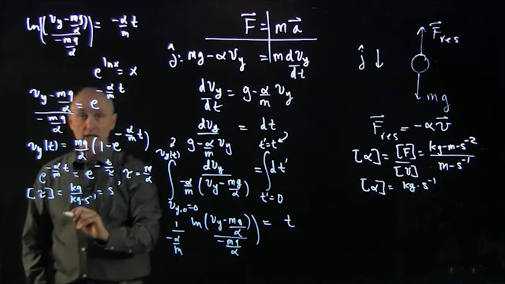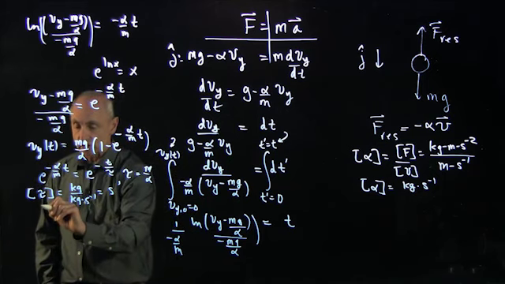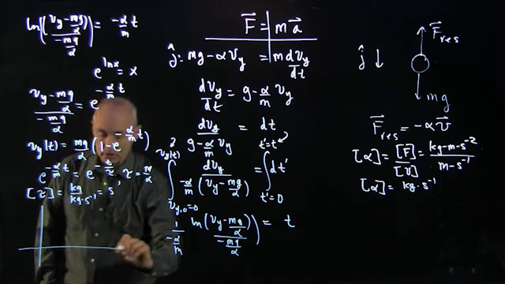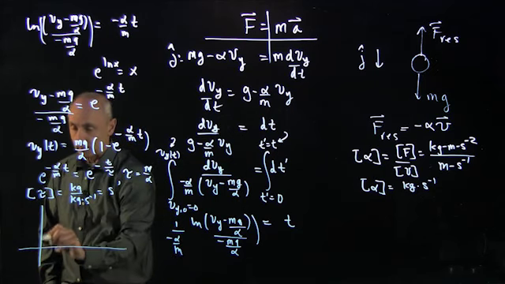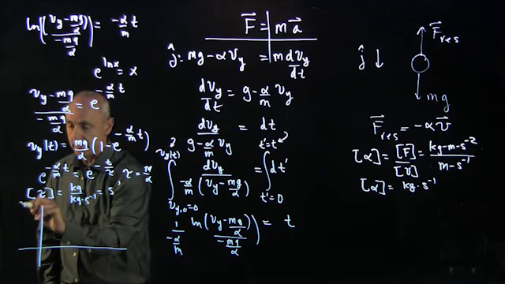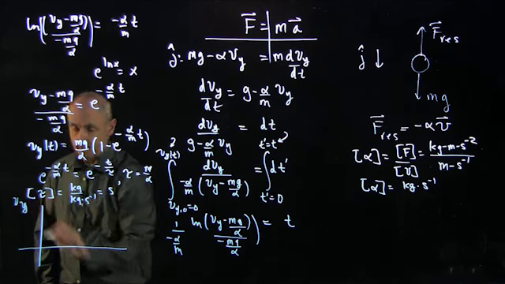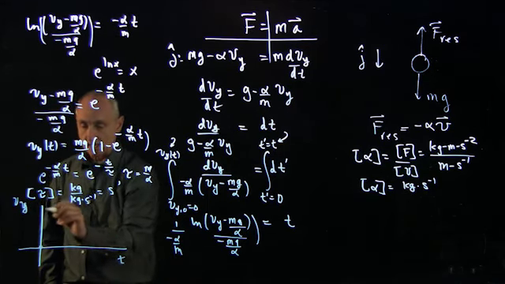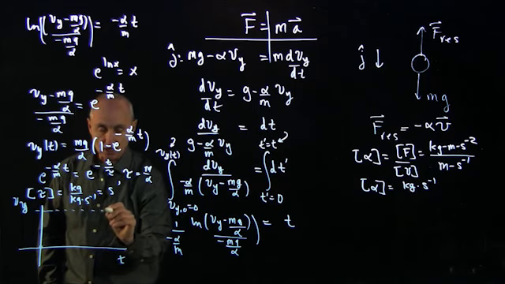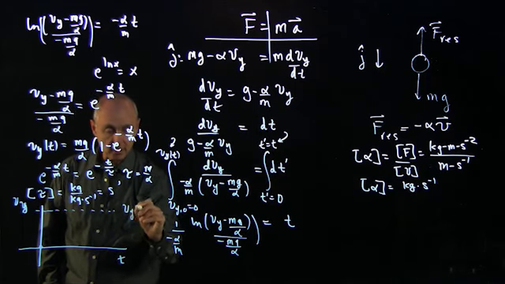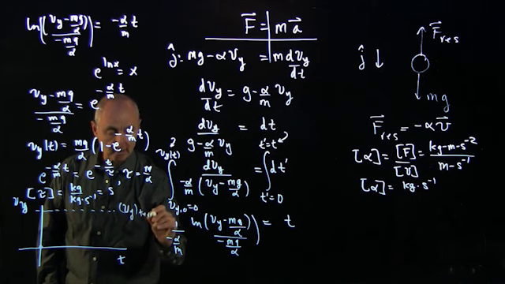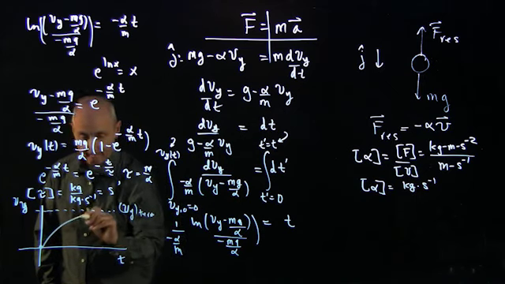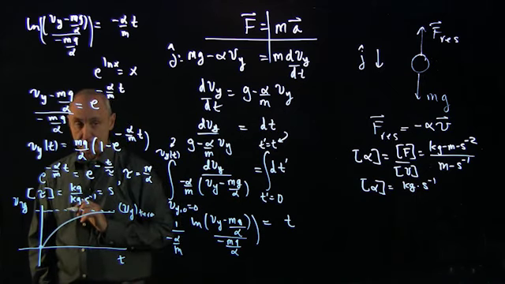Now, the last thing we'd like to look at is let's just see what happens when we plot this. If we're plotting vy as a function of t, we start off at 0, and we're going to reach some terminal quantity, vy terminal, which is when we have a graph like that.